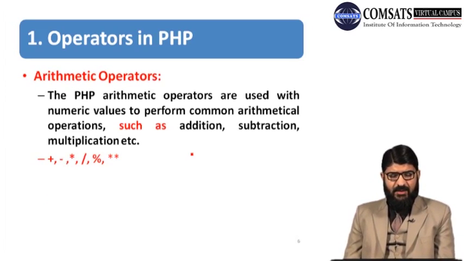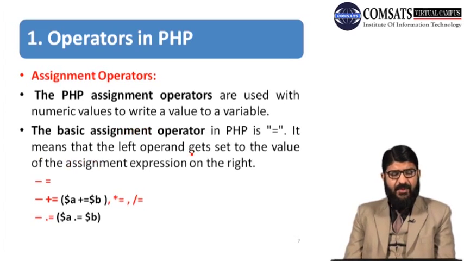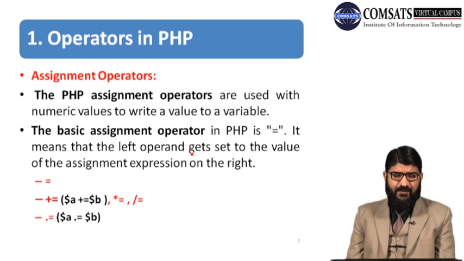The second type is assignment operators. These are the operators used to write a value to a variable. To write a value means if you want to assign a particular value to a variable, you have to use assignment operators.